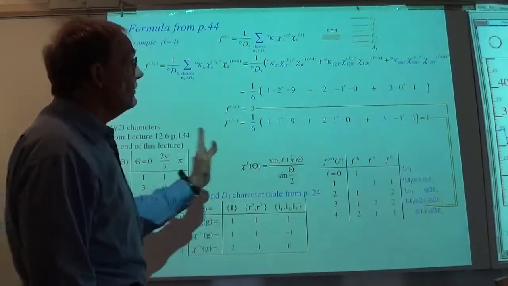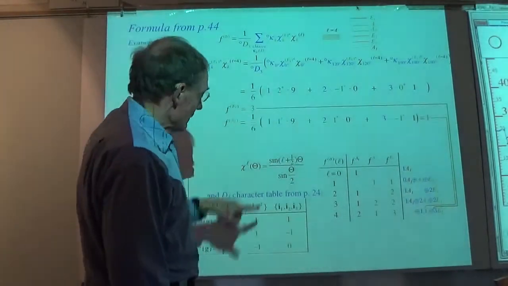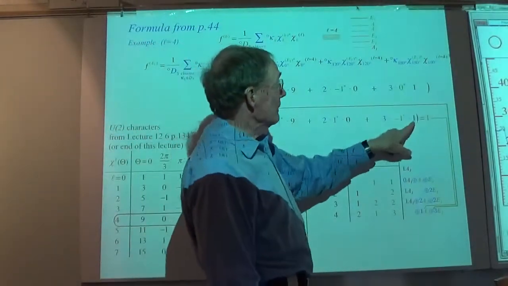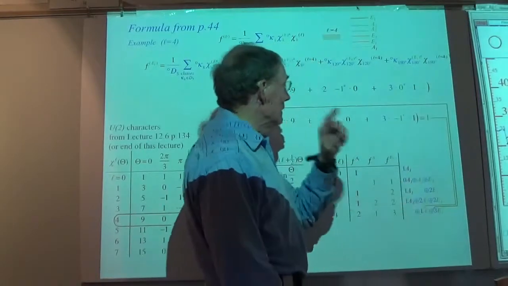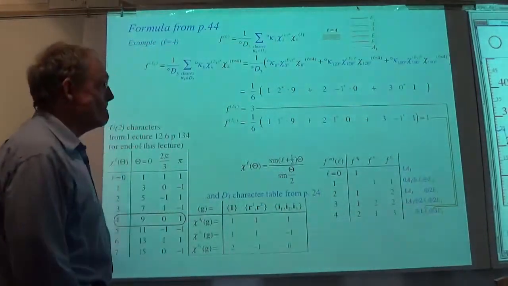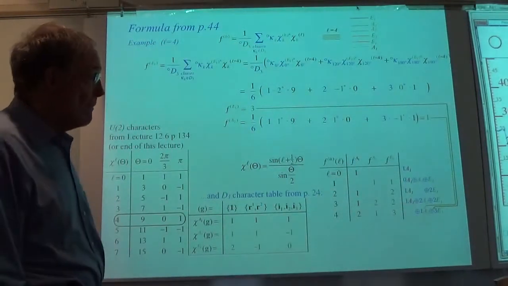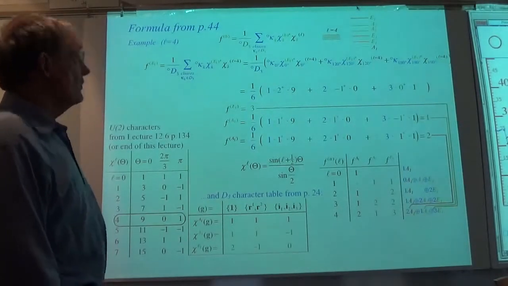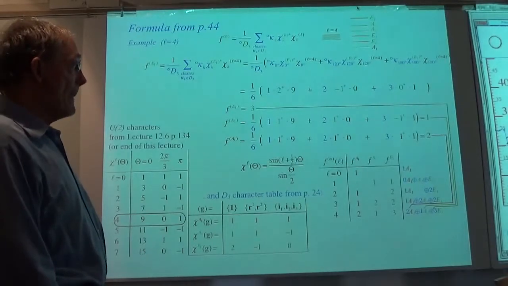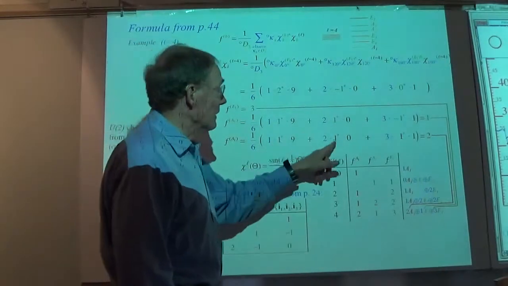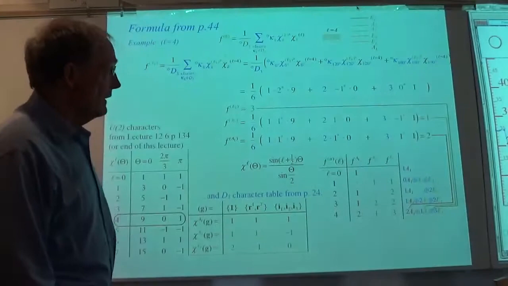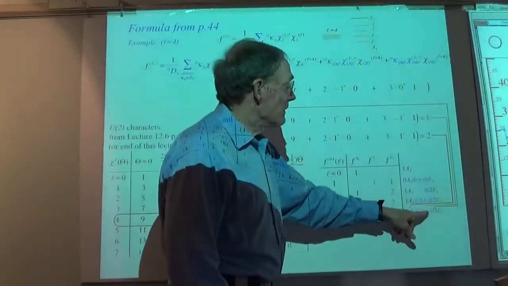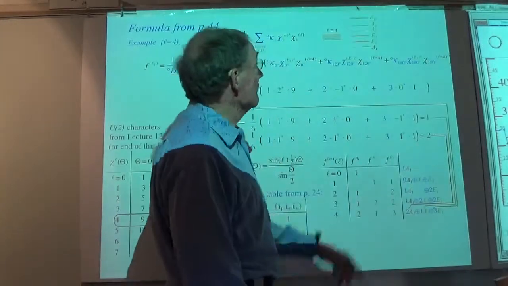We don't change anything except the group number. Go for 1, 1, minus 1 now. Works out to 1. Okay? And finally, the scalar. This time I put all 1s. And that gives me 2. Okay? So I get 2 of these, 1 of these, and 3 of those.